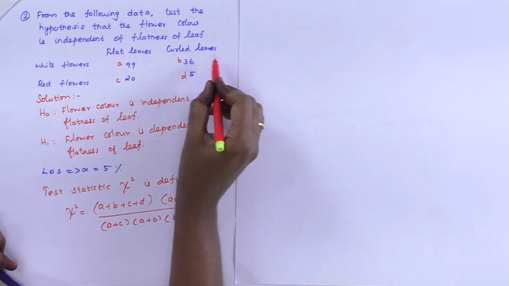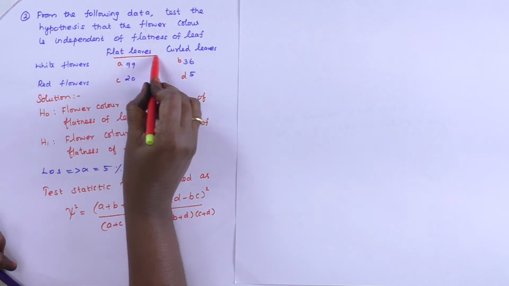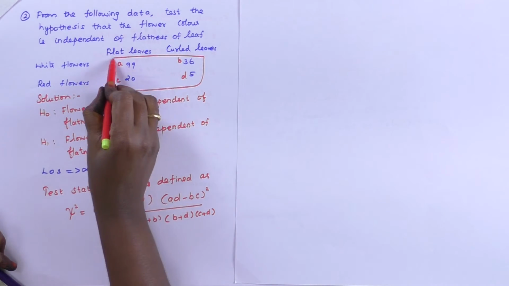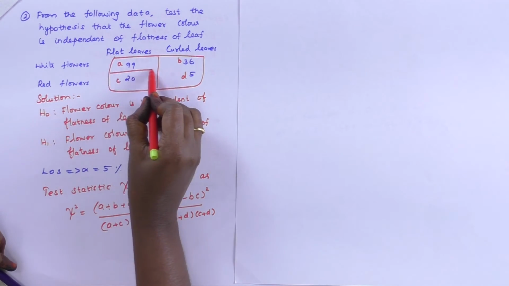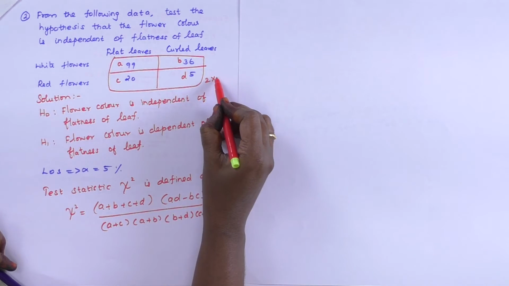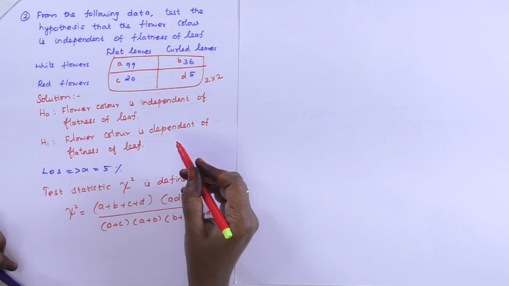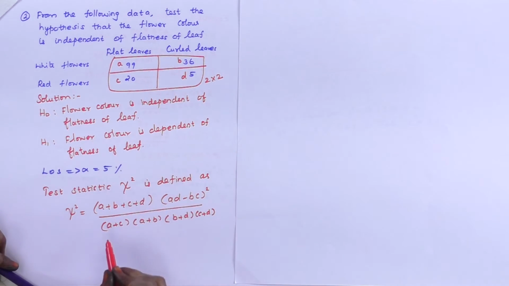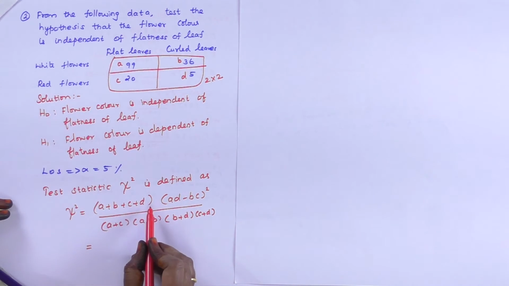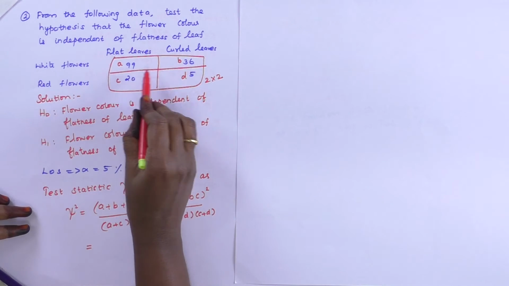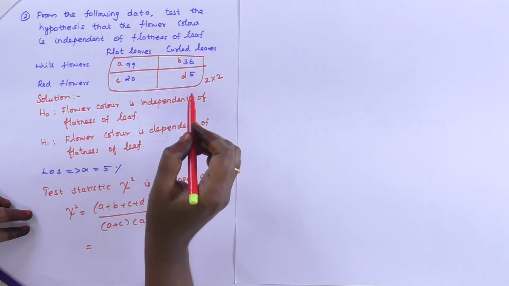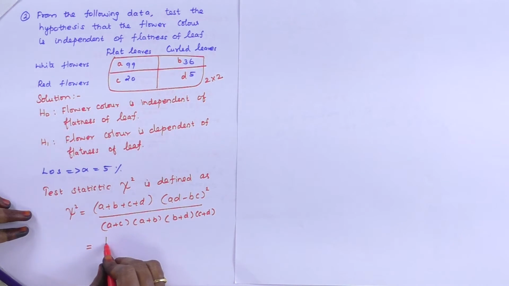Now we label the table A, B, C, D. Now we want to calculate the totals. This is a 2 by 2 contingency table. A plus B plus C plus D is 99 plus 36 plus 20 plus 5. That answer is 160.